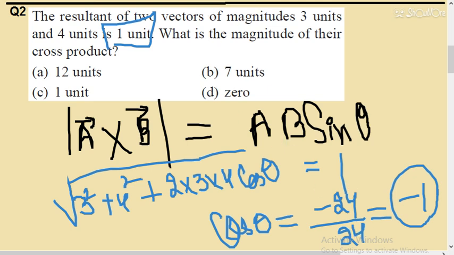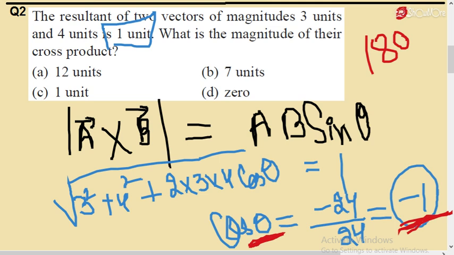Now students, for which value of theta is cos theta equal to minus 1? For 180 degrees. So students, you can find the angle in this way also, but I have used the shortcut.